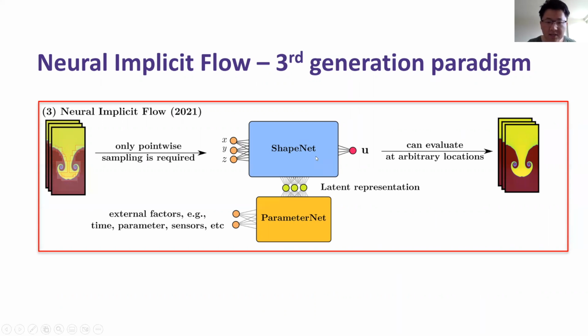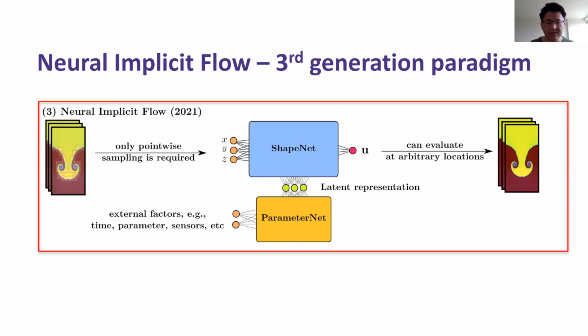The ShapeNet takes the XYZ spatial coordinates as input, and inside it could be just a simple multi-layer feed-forward neural network. But the weights and biases of that feed-forward network are actually the output of another network, called the ParameterNet.